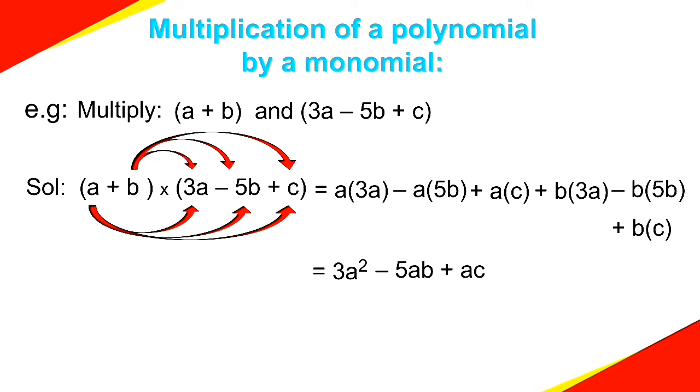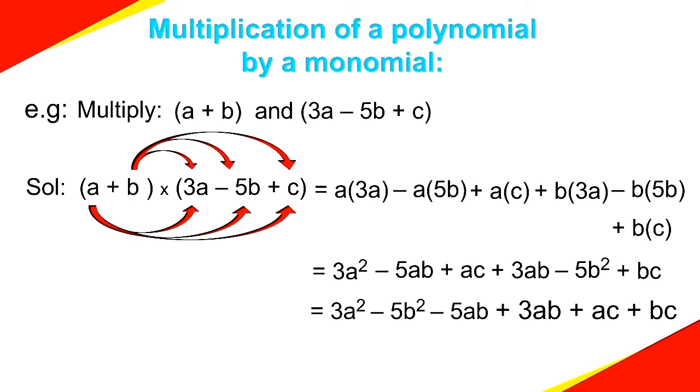Next one is plus 3ab. Next, both are the same variables, so we get minus 5b power 2. Last, plus b and c are two different variables, so we got bc.